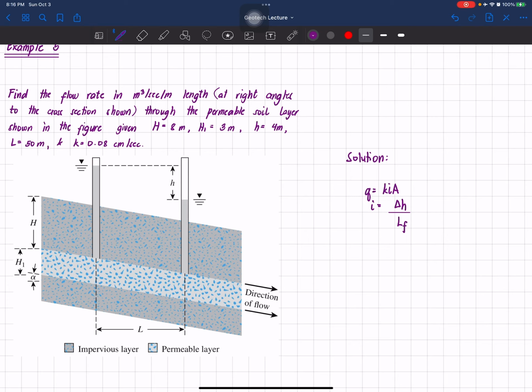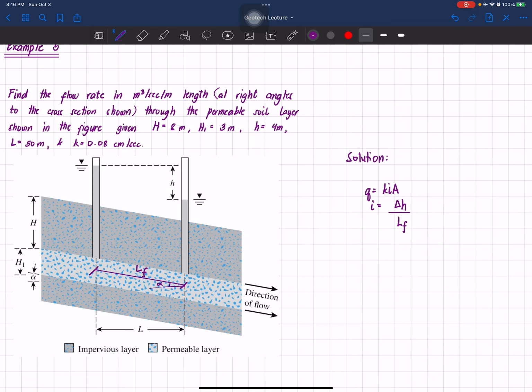Okay? So, similar to the previous example, well, we can say that we can draw a triangle in here. Sabihin natin ito. Yan. This is your LF. Okay? So, what is your LF based on the given? Okay. So, alpha natin is somewhere here. Ito yung alpha.